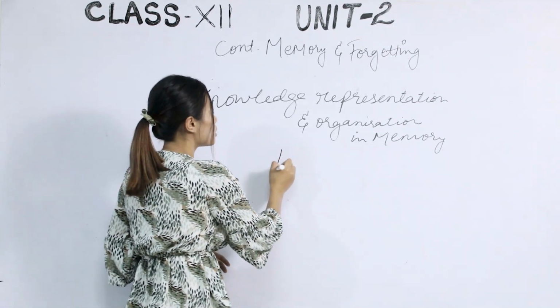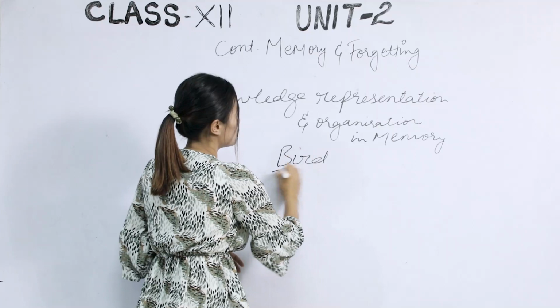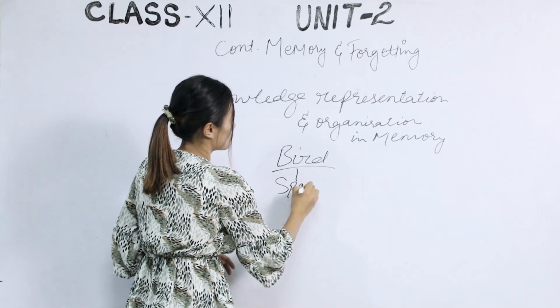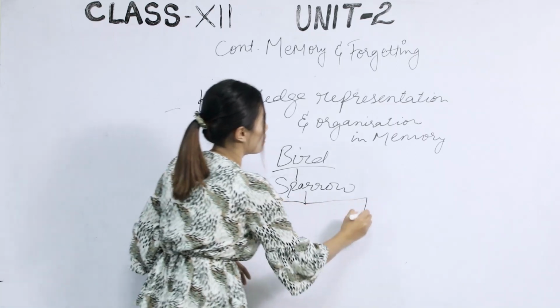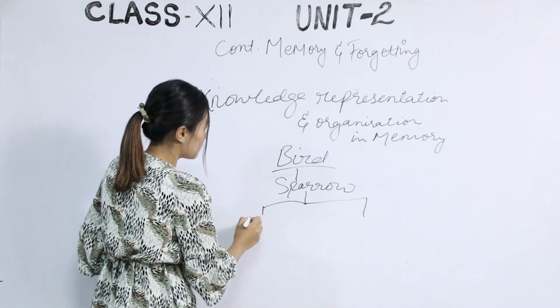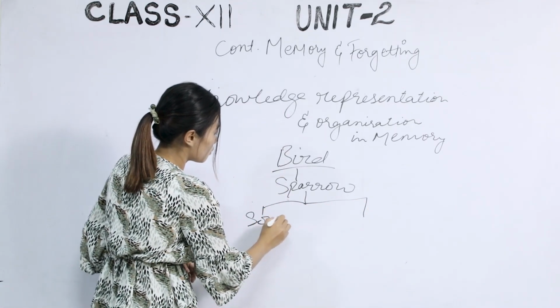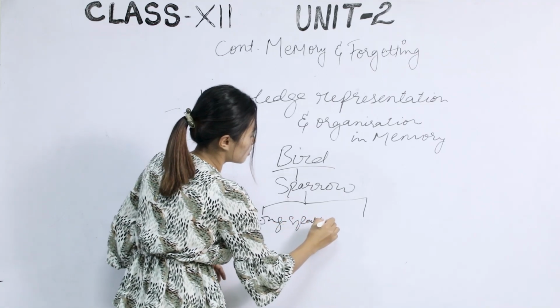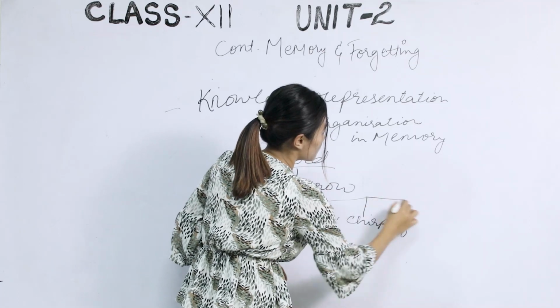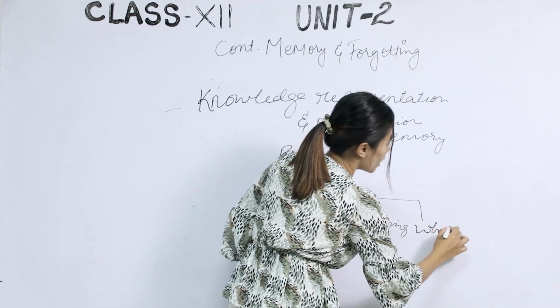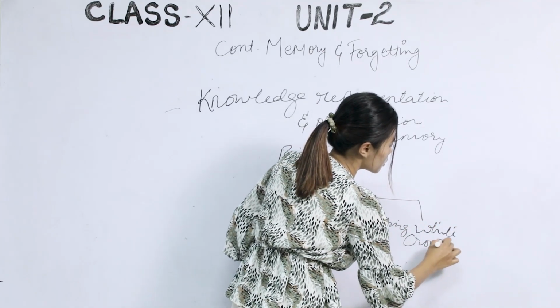For example, sparrow comes under the category of bird. Now, this sparrow also has different categories, like song sparrow, chirping sparrow, and white ground sparrow.